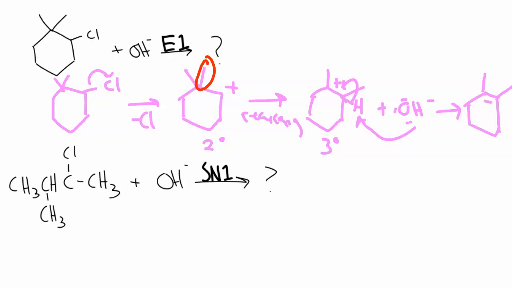And this would be my product, which would be more stable than the product with the secondary carbocation because this one has less hydrogen around it. Does that make sense? So more stable carbocations make more stable products, which is the driving force for the reaction.